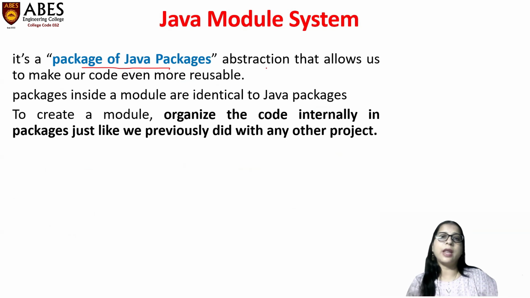So this gives an abstraction allowing us to make our code reusable. Reusability is a very important feature in Java programming, and that is available in the form of classes, packages, and libraries. Packages inside a module are identical to Java packages, but here we create a situation where we have a package that consists of many other packages.